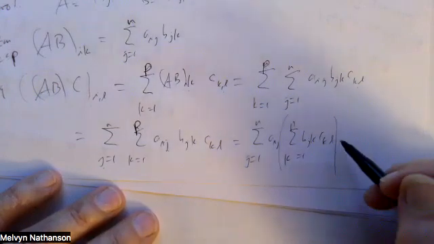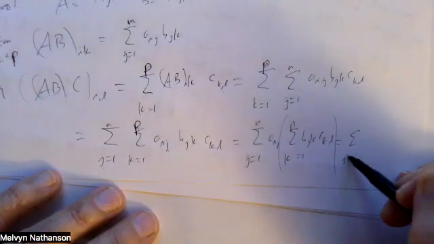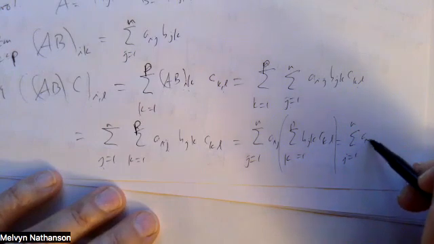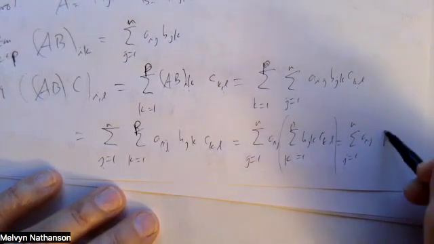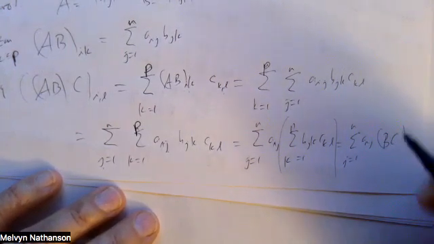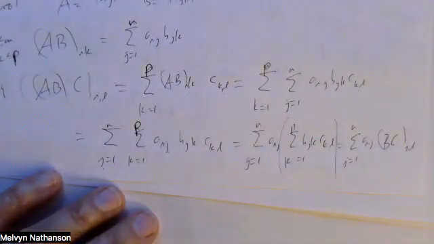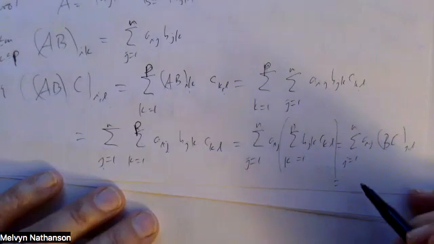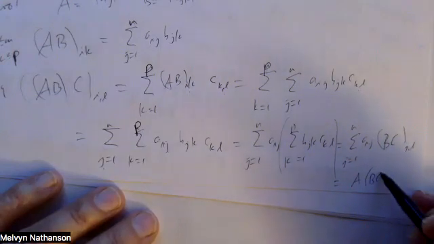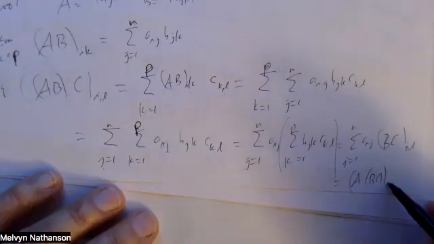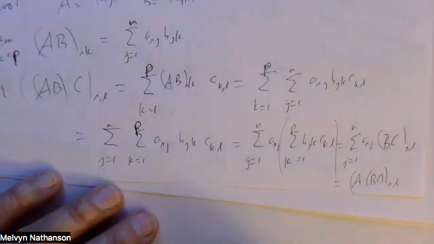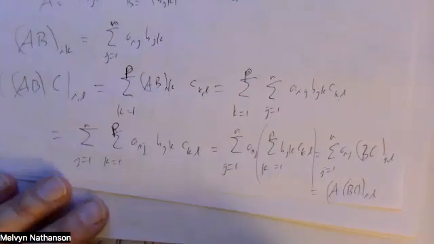But this coordinate is simply in the matrix BC, the jl-th coordinate. Then this is exactly A times BC, the il-th coordinate, which is what we wanted to show.